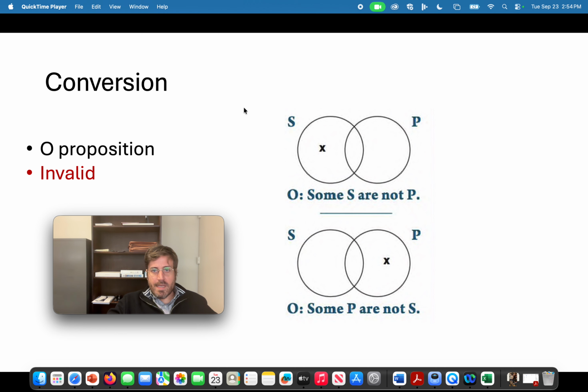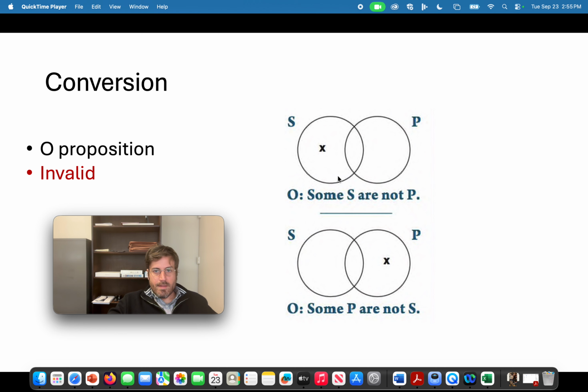It has to be excluded from regions 2 and 3 to indicate that there really is some S that is not a P. But then if we look at the converse, some P are not S, we need the reverse. We need a particular that is definitely excluded from the subject group. Well, these are not the same then. These are not logically equivalent. So the O proposition is not a valid converse, right?